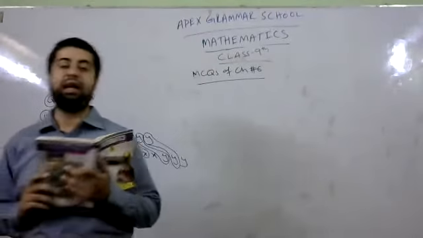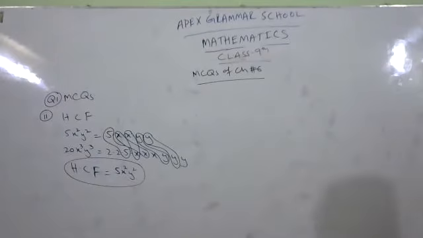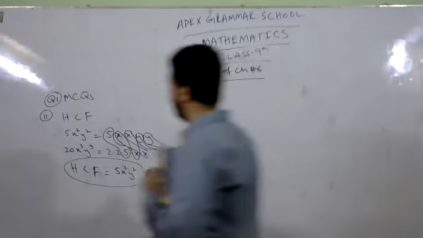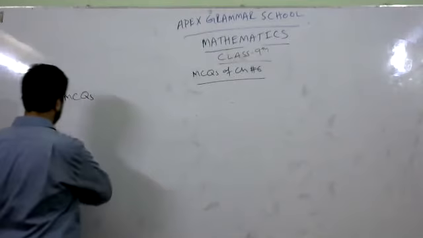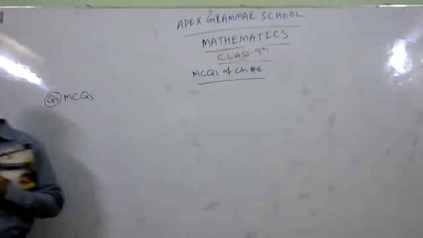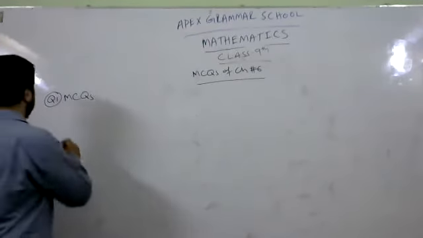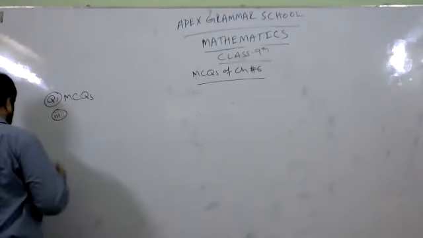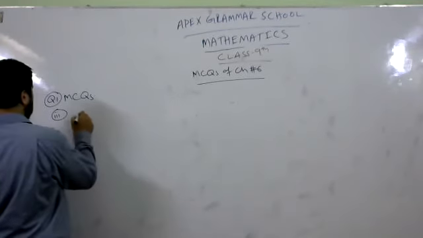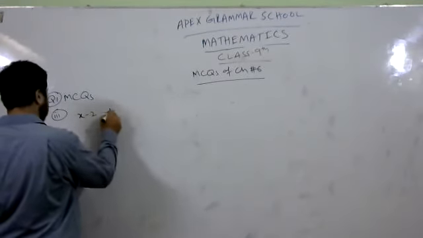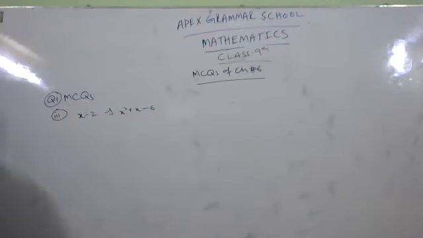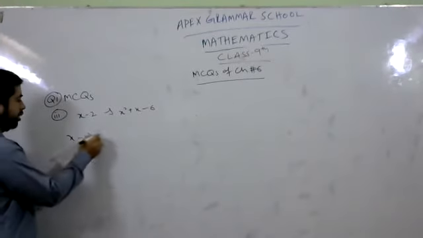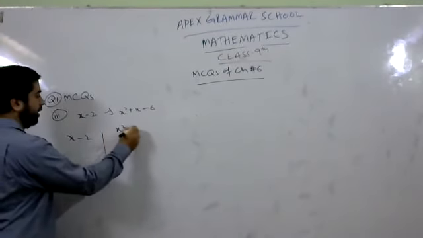Now the third part is again for HCF. x minus 2 and x² plus x minus 6. All the concepts will be used here. First is x minus 2 and the second is x² plus x minus 6.